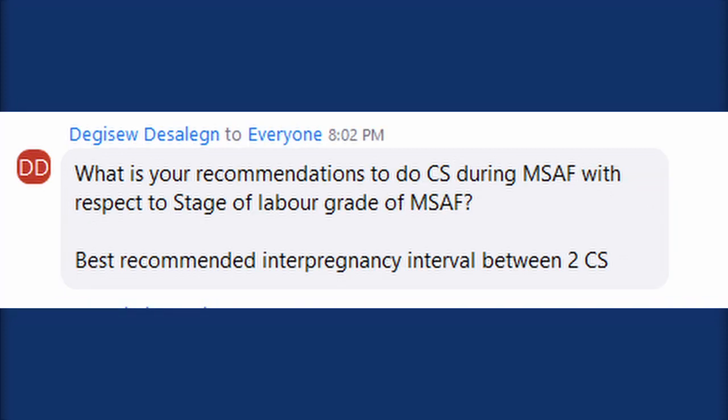So what's the recommendation to do cesarean section during meconium stained amniotic fluid, by stage of labor and grade of meconium stain? And also the recommendation about interpregnancy interval. This is very important to know. The interpregnancy interval is usually 18 months, but a delivery to pregnancy interval of more than 6 months is recommended. About meconium stained amniotic fluid, we usually do cesarean section in the latent first stage of labor with meconium stained amniotic fluid.